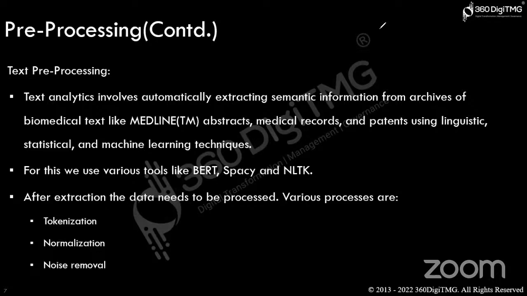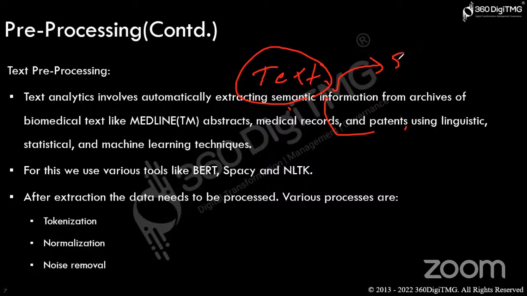Whenever you collect text data, what are the possible anomalies you can find in your text? Let's say you are collecting reviews. In that case, people might make spelling mistakes.